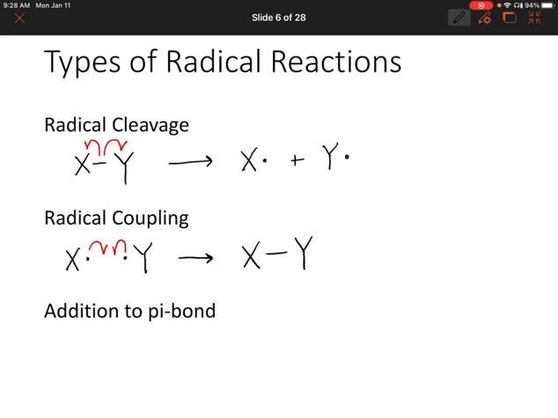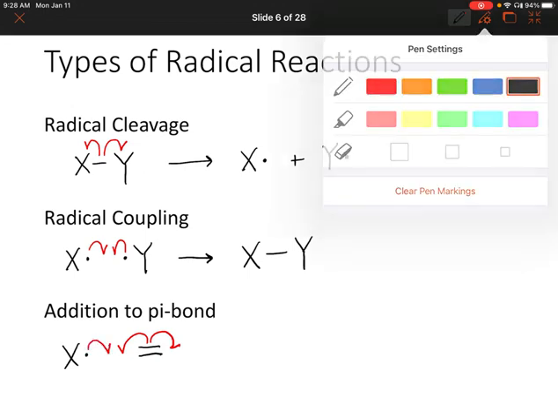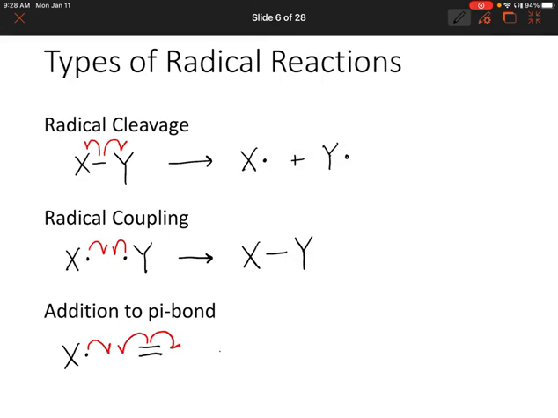Now you could also have a radical and a pi bond, or a double bond. Now the pi bond could split apart, and one of the electrons could pair up with a radical electron to form a sigma bond. So let me actually highlight the carbons on the double bond.